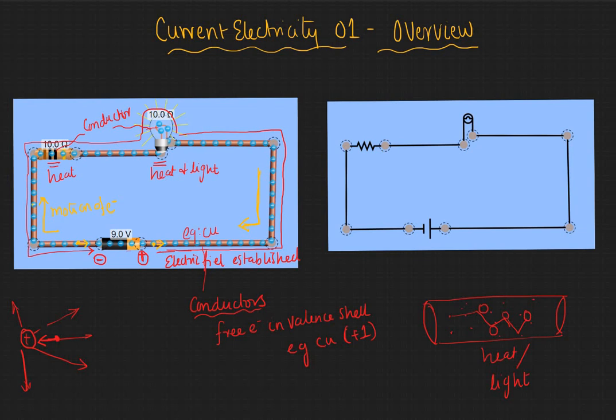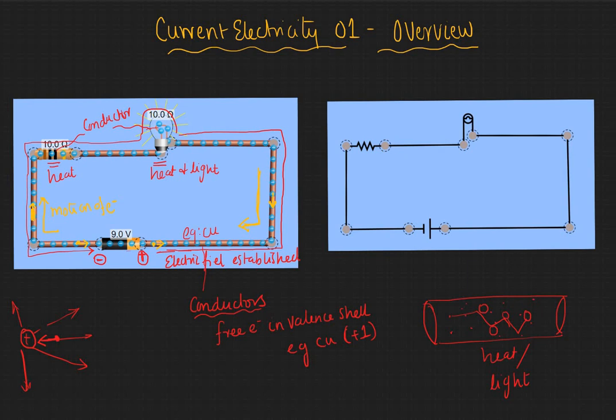All these electrons are moving in unison. That's the reason for the establishing of current.